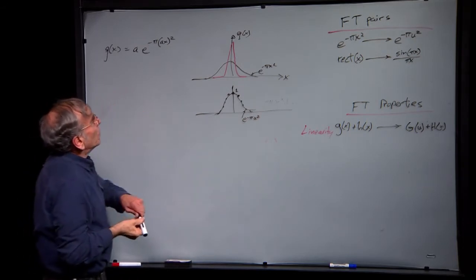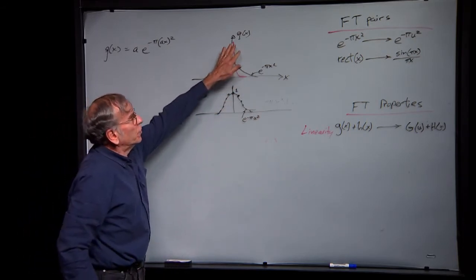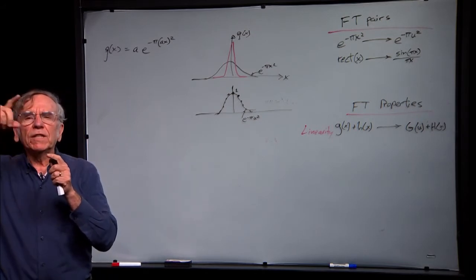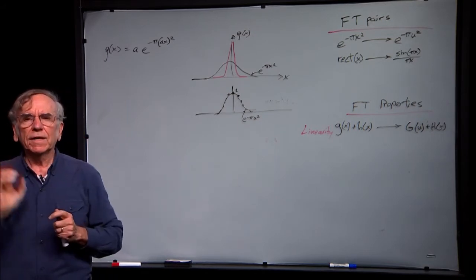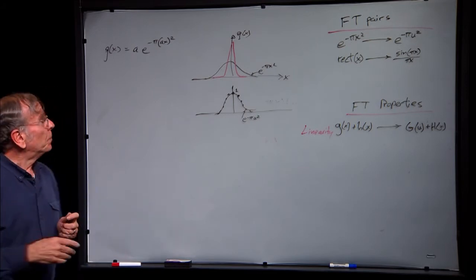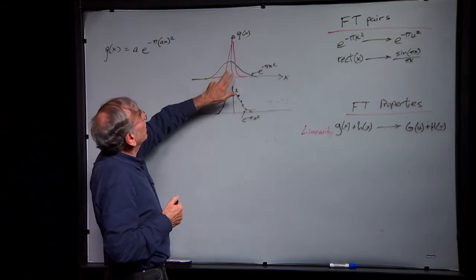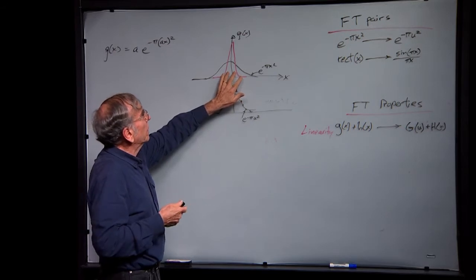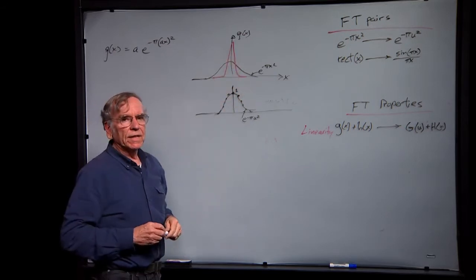Now, what's going to happen when I have this narrower g of x? Well, now if you remember, what we're doing is we're multiplying by this oscillating cosine wave and summing it up. And you can see that the cosine wave can be oscillating a whole lot faster, and we still get a substantial value out of this integral.